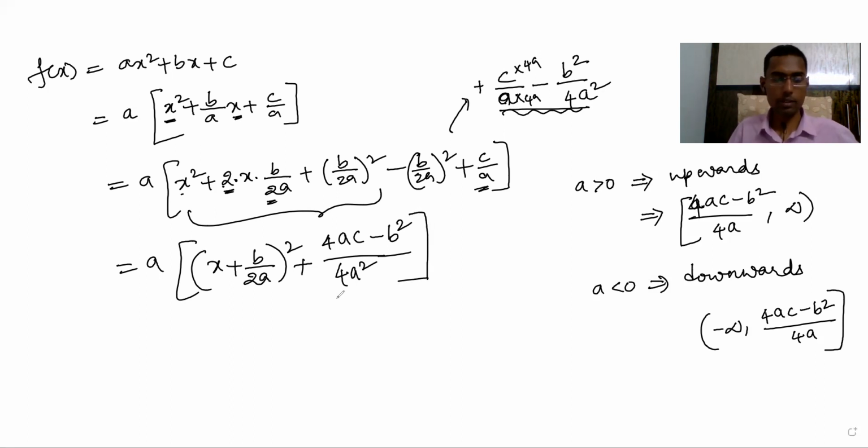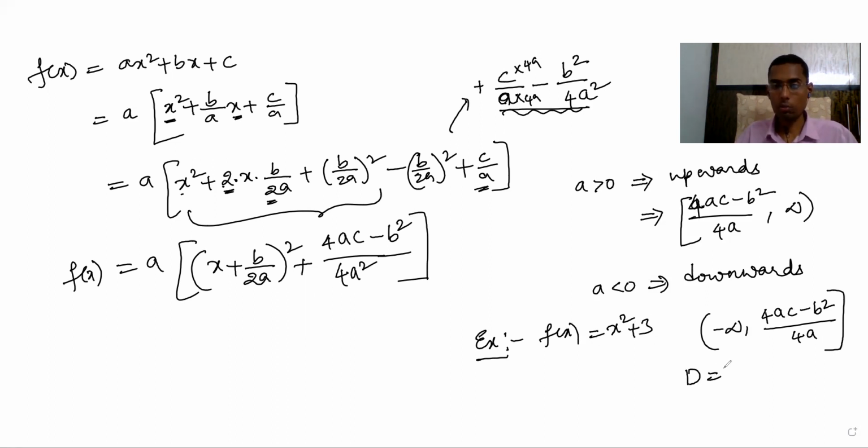Okay, yes. Now this is f of x. Now I'll tell you a simple example. First of all, understand this. x square plus 3 is there. What is the domain for this? Domain is all real numbers. What is the range? How do you find the range? See, like this. x is a real number.